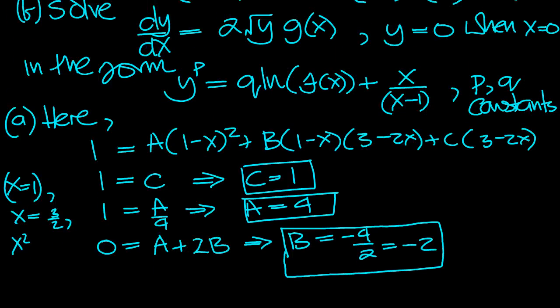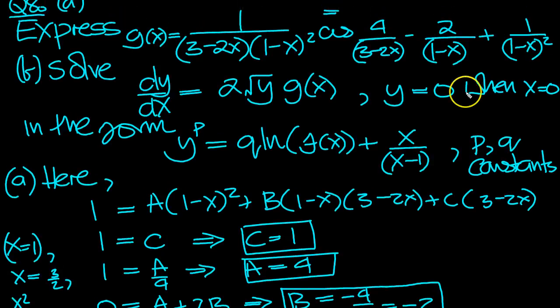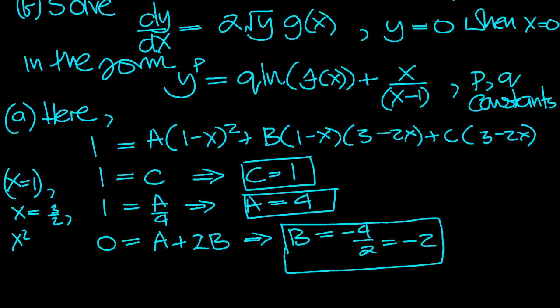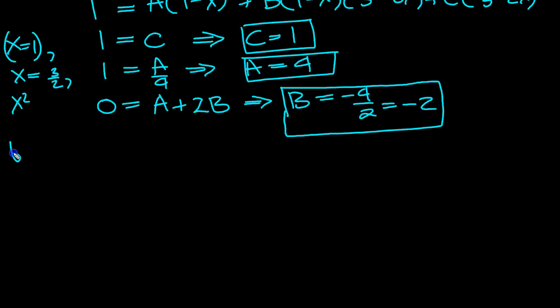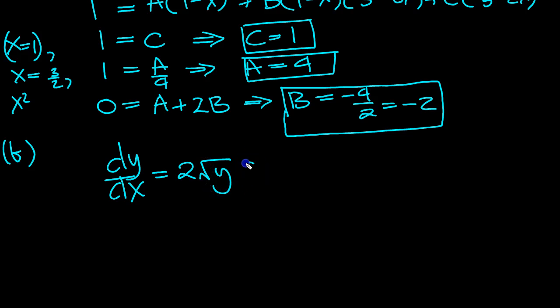Okay, good. So now we turn our attention to the next part of the problem. Solve this differential equation, y equals 0 when x equals 0, and write the solution in this form. So differential equation then, dy dx is equal to 2 root y times the g of x function that we had.